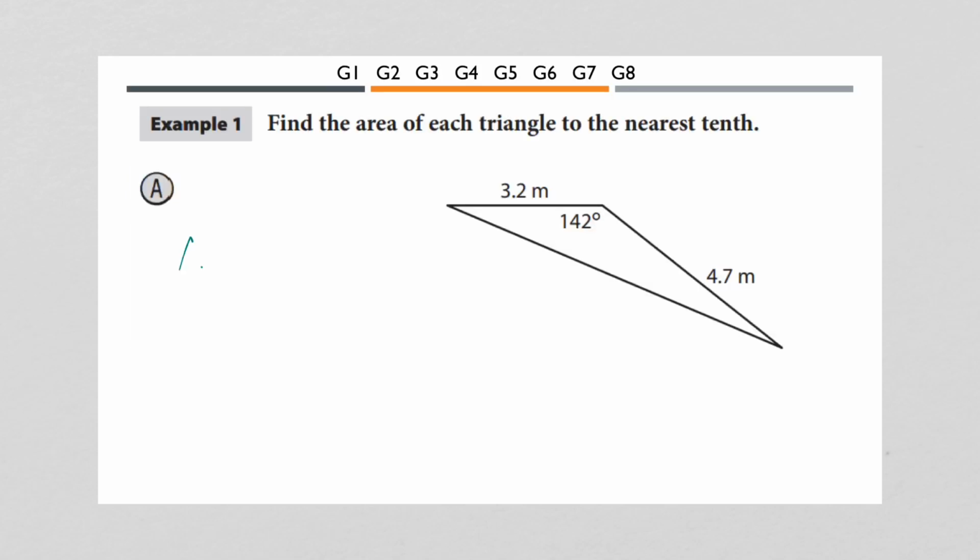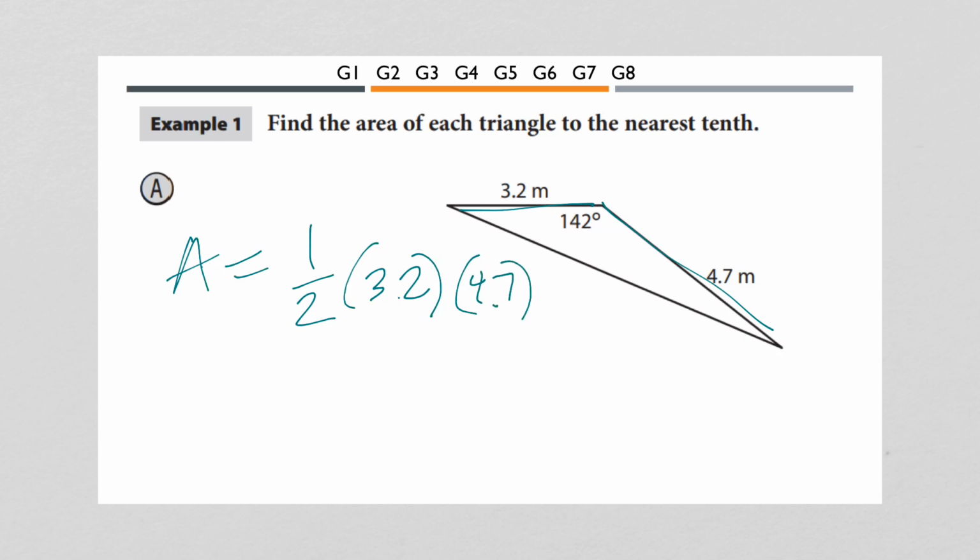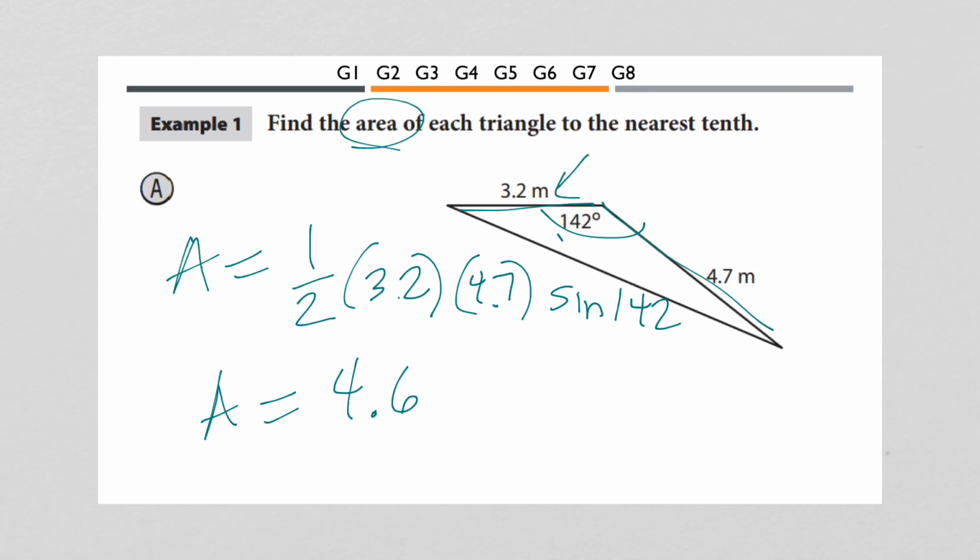So area, I'm going to write A equals 1/2 times the leg times the other leg times sine of the included angle, and the included angle is 142. So remember, if you don't have a scientific calculator, you can pop this into Desmos, and Desmos will give you the answer. So once you type this into the calculator, you should get approximately 4.6, and then because this is area, we have units, meters squared.